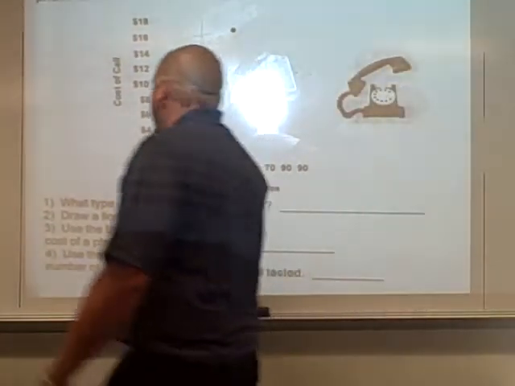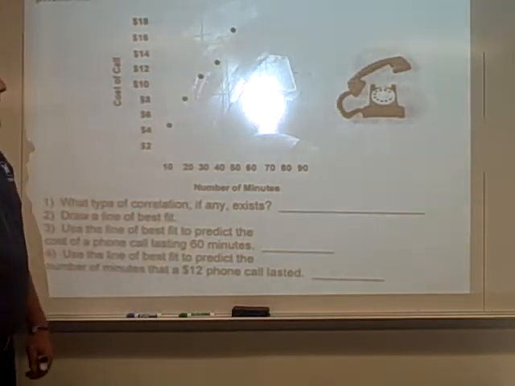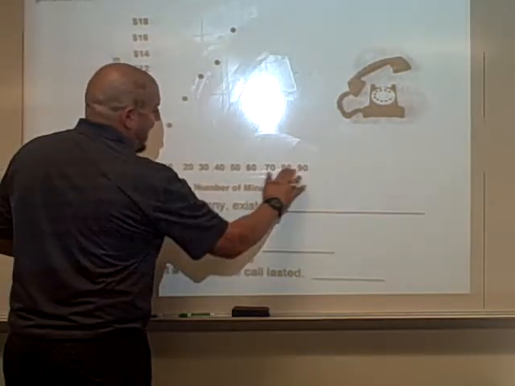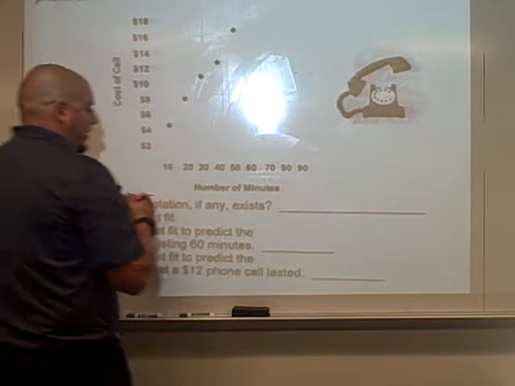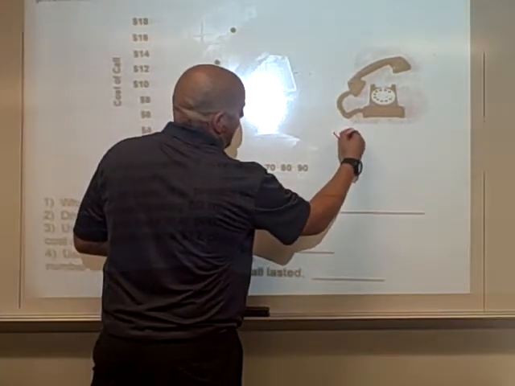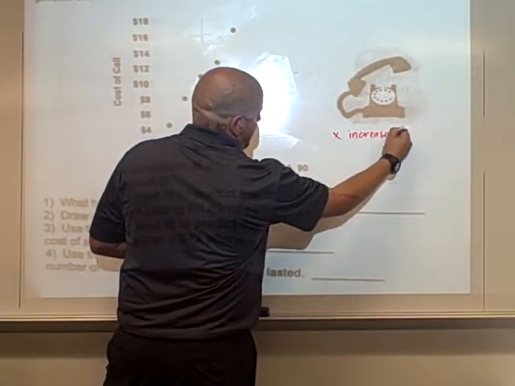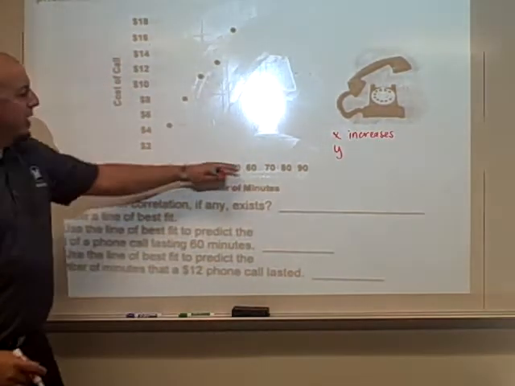The first one says, what type of correlation, if any, exists? So can we look at our dots and tell what is happening across my x-axis? Of course, we're going from left to right, so as x increases, what is y doing? X is increasing left to right.